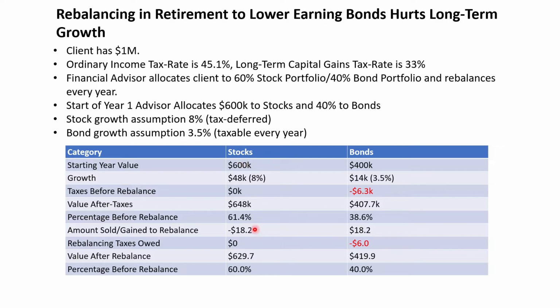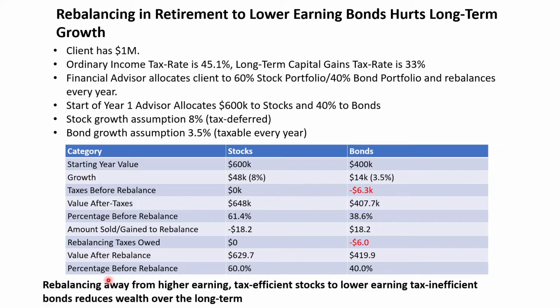I'm selling a higher earning asset to invest in a lower yielding asset, and I'm paying more taxes for doing it. So the key thing that I want people to take away from this slide is that rebalancing away from higher earning, tax efficient stocks to lower earning, tax inefficient bonds actually reduces wealth over the long term because of both the drag of taxes and the lower yielding return of bonds.